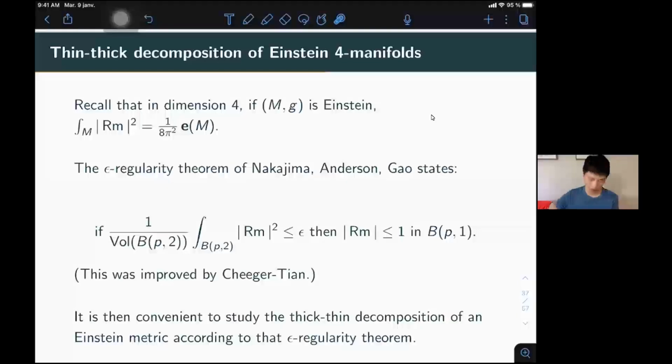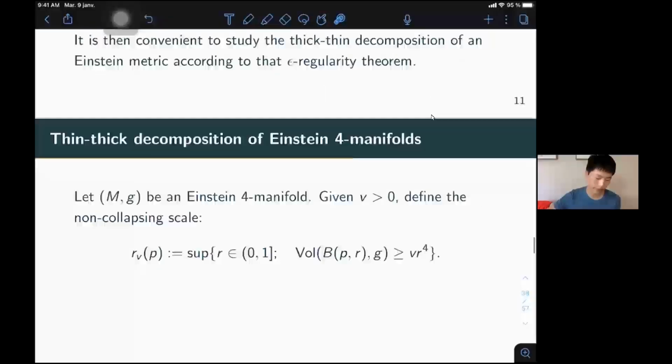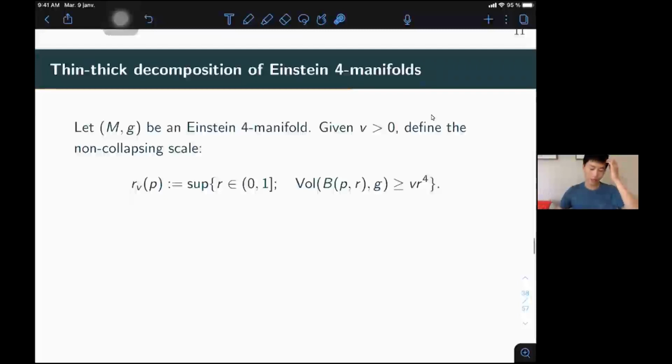Capturing this epsilon regularity theorem. So what is it? Well, you start with an Einstein 4-manifold, and first you fix a volume threshold so that you can define a so-called non-collapsing scale.